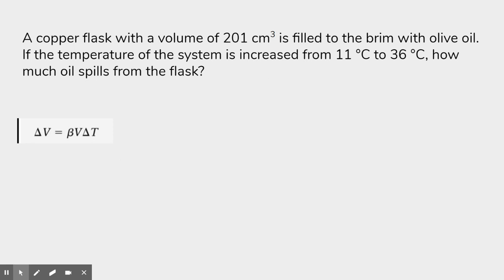Oil is not a solid. Oil is going to be considered a fluid. So we must use this equation to find our change in volume. All right, let's go ahead and find this information. Now, we have our volume. It's right here.